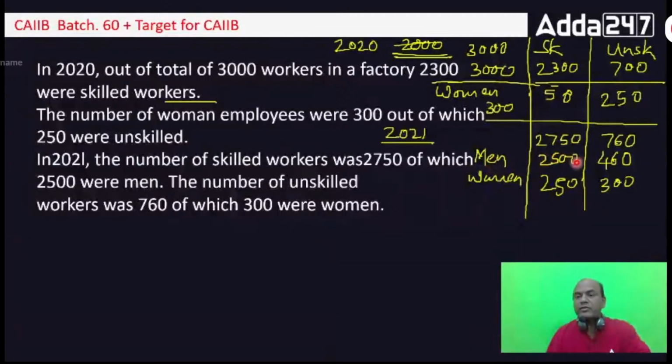So how many women are skilled? 2,750 minus 2,500, so it is 250. Unskilled is 760, out of which 300 are women. So how many men are unskilled? 460.